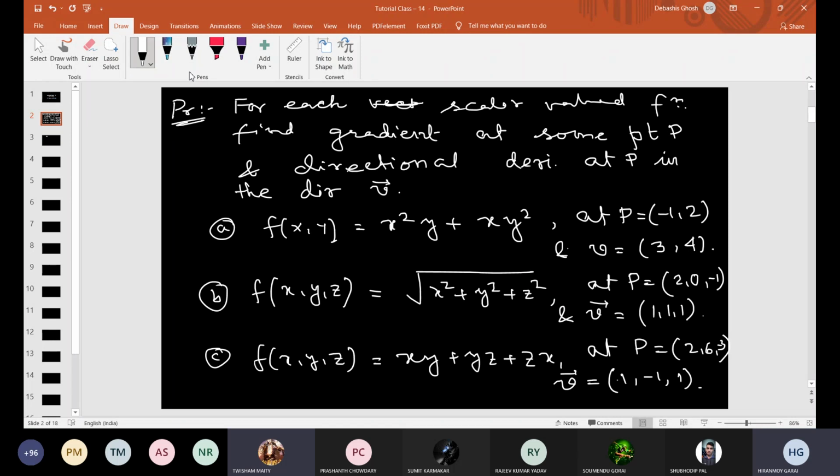P equals (2, 6, 3). Sir, here V is a vector or a point? V is a vector along which you need to find out the directional derivative. V will not always be a unit vector, but we need to convert it into the unit vector.